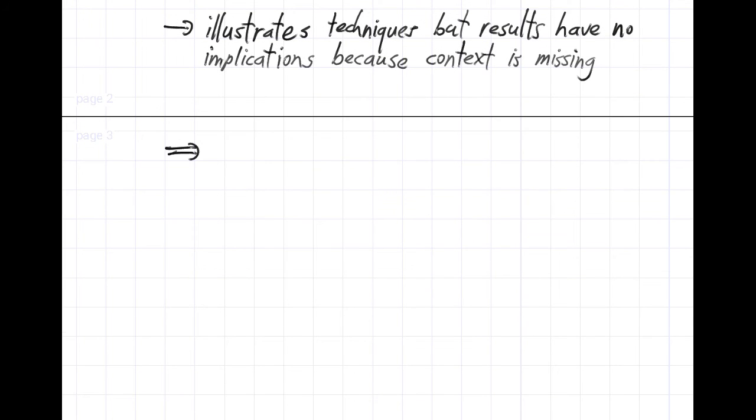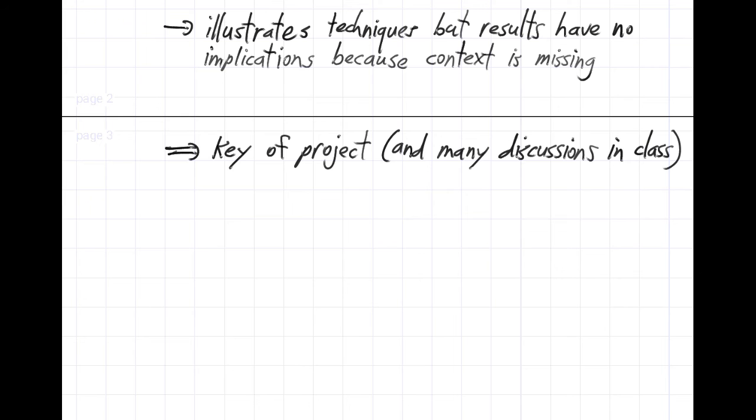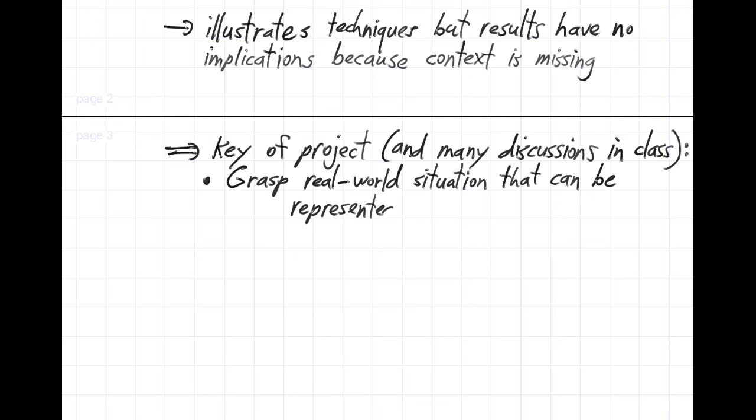Later in this course, you're going to be developing a project of your own, and a key element of the project, and hopefully many discussions in class, will be to provide that context for games. And we're going to do that by carrying out a set of 4 steps. We'll want to grasp a real-world situation that can be represented as a game.